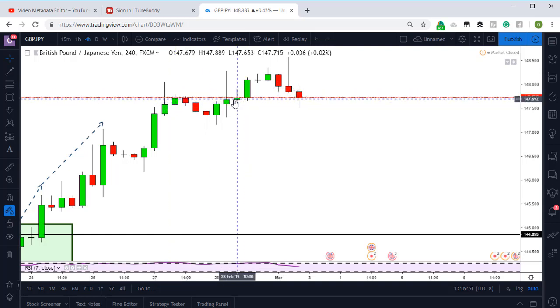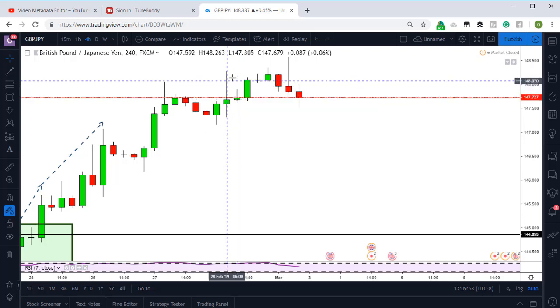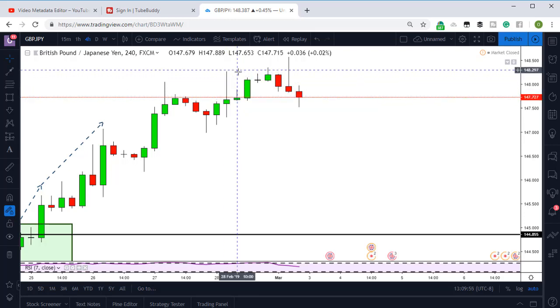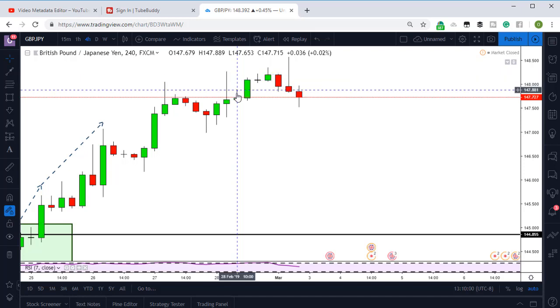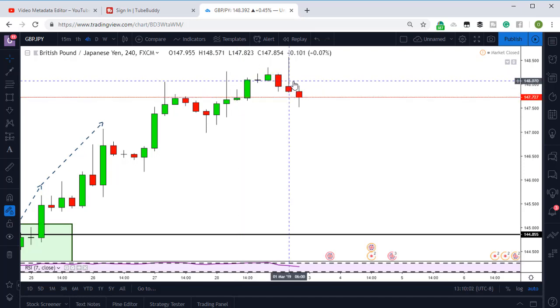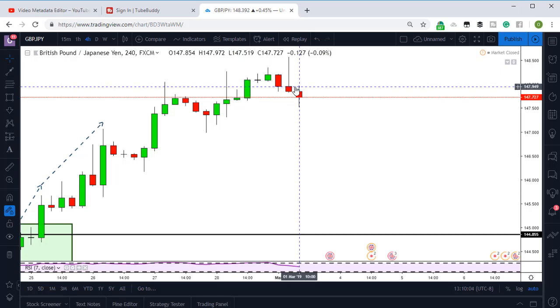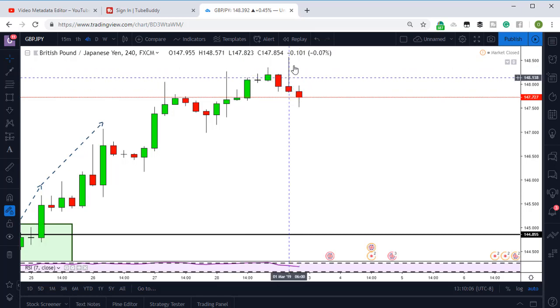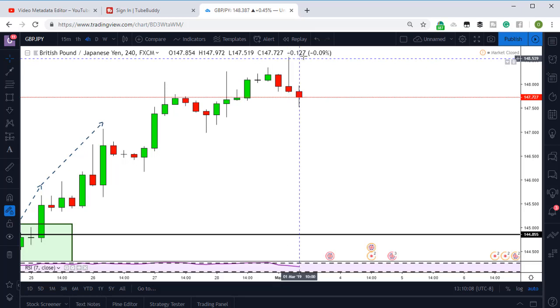Another pattern repeated itself. Buyers came in up to this level of structure, back to where the wick of this candle is. Sellers came in and sucked the market back down. Another candle we see: buyers came in, pushed price action up, and sellers came in and sucked the market back down and even closed on the seller side.